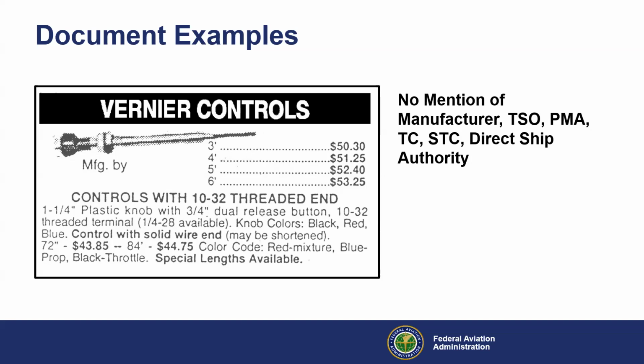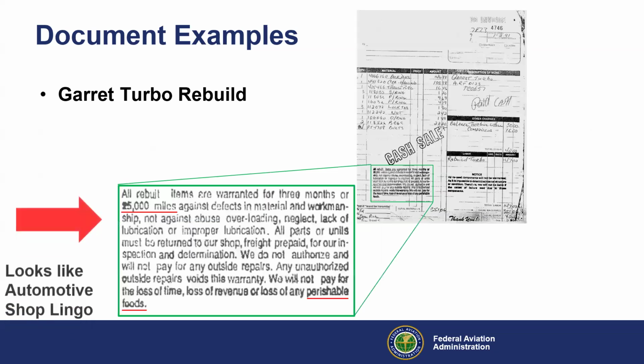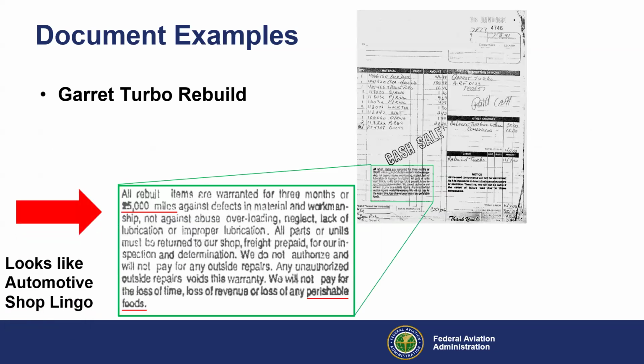So here's a vernier control manufactured by, doesn't say, it's blank. No TSO, PMA, TC, we don't know how it was produced. No direct ship authority. Here's a receipt or an invoice for a Garrett turbo rebuild.